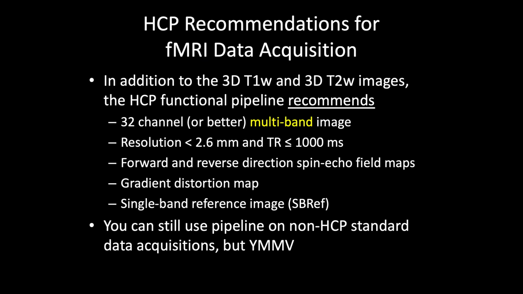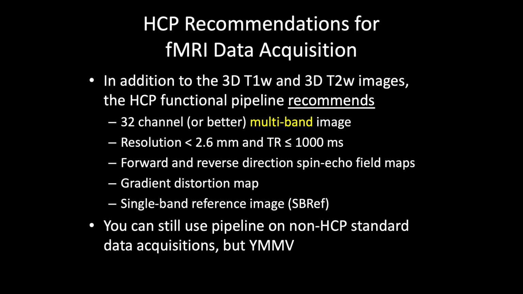Now, for functional imaging, what the HCP is recommending, beyond collecting these T1 weighted and T2 weighted structural images and the diffusion, they also suggest that you use multiband image acquisition on a 32 channel or better head coil. They suggest that the resolution of your slice thickness should be less than 2.6 millimeter.